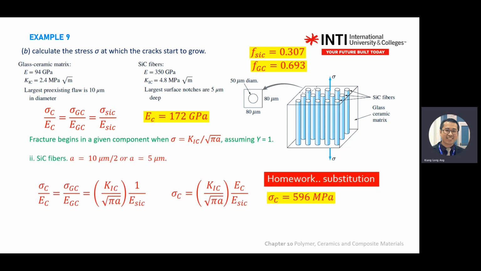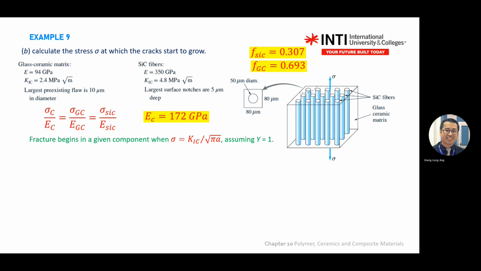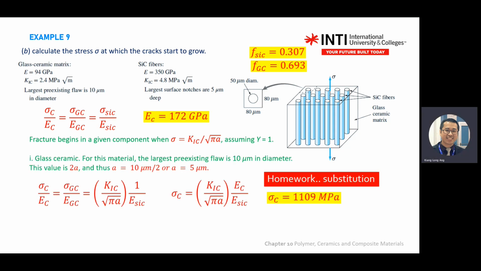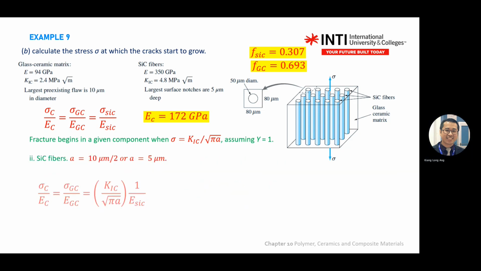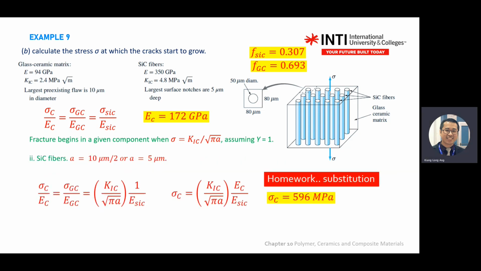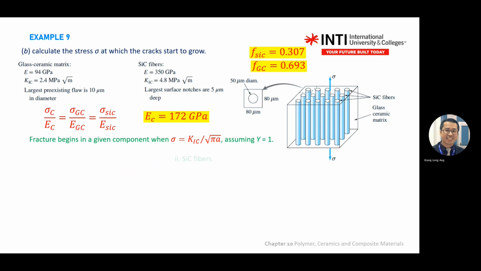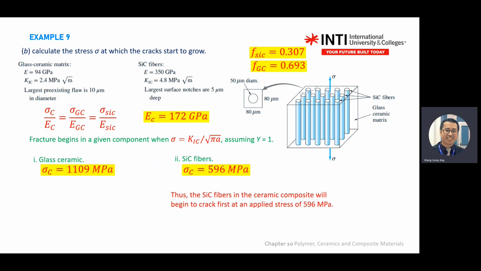So you have two values. One is 5,9 something, and then for glass ceramic is 1,000 something, almost 1 time bigger. KIC. So SiC fiber in the ceramic will begin to crack first when you apply a force of 596 megapascal. Makes sense.